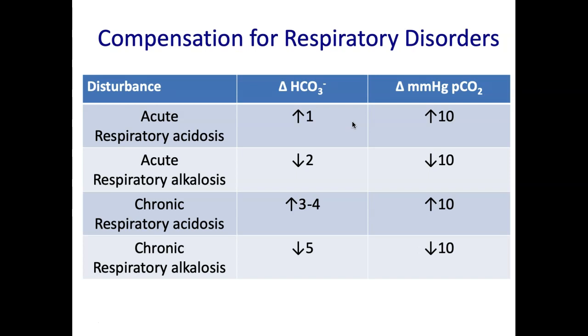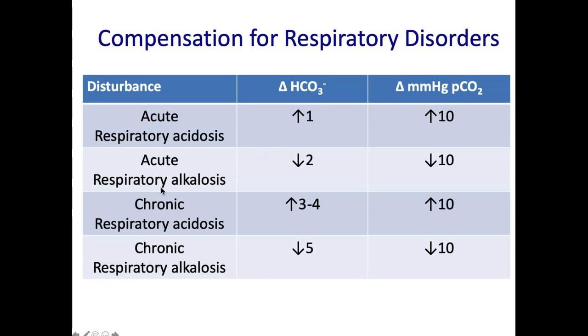So this is the acute buffering of a PCO2 rise. An acute respiratory alkalosis, that'd be a change in the PCO2 going down. And so for every 10 decrease in the partial pressure of CO2, the bicarbonate should go down by about 2, okay? Remember, these two quantities are going in the same direction in both cases, okay?